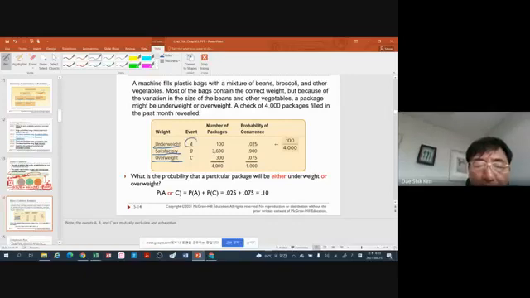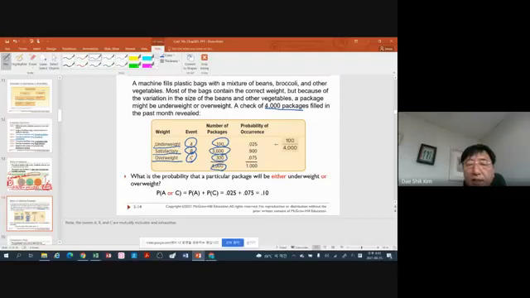Underweight is event A, satisfactory is event B, overweight is event C. We tested 4,000 packages in total. Among 4,000, 100 packages are underweight, 3,600 are satisfactory, and 300 bags are overweight, event C.